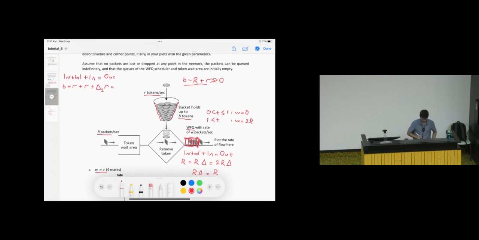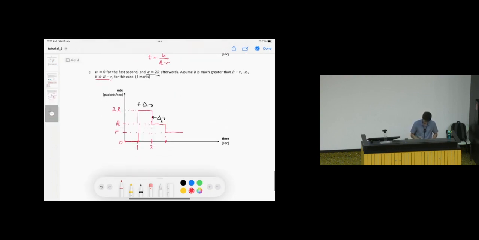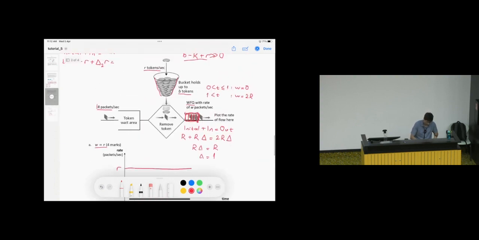And let's look at my output. Okay, let's think. For the first second, again, just what we talked, we removed capital R tokens per second from the bucket. And these packets are accumulated on the right-hand side. Between seconds 1 and 2, I also have capital R tokens per second removed, because that is my arrival rate.